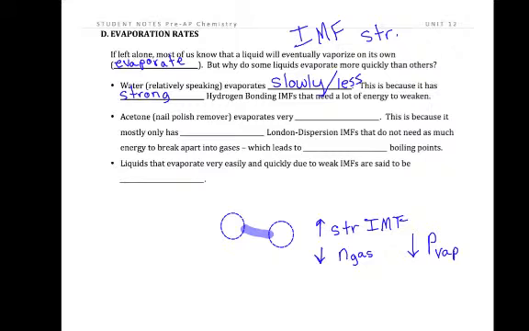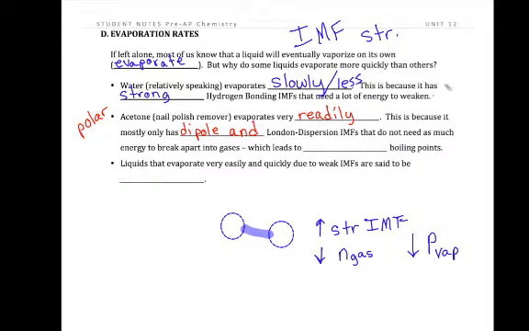Now, conversely, acetone evaporates fairly readily. It is polar, but it still evaporates fairly readily. So acetone has dipole and London dispersion forces.